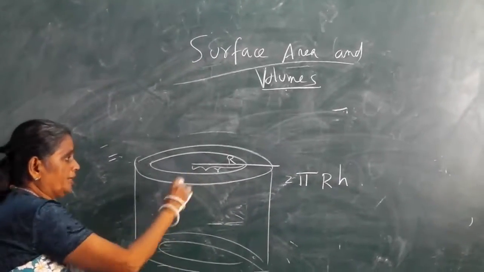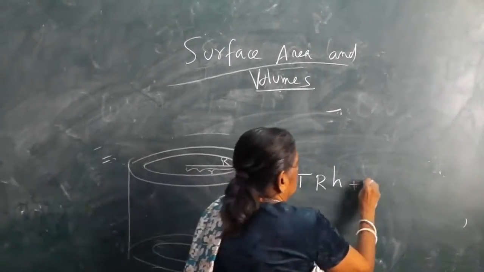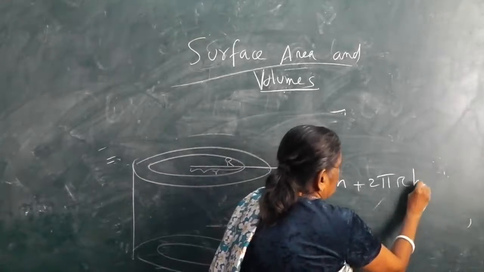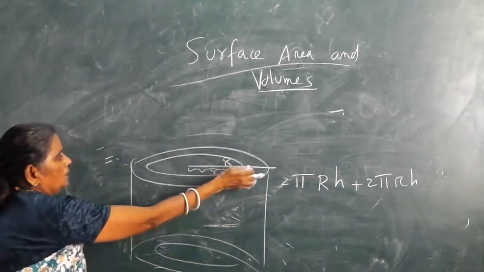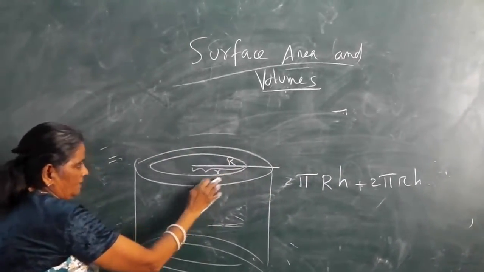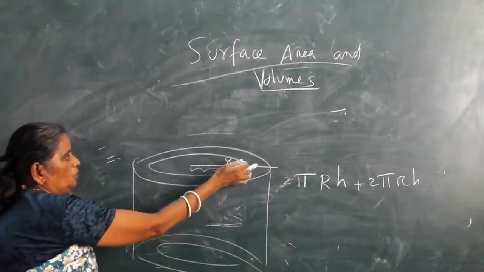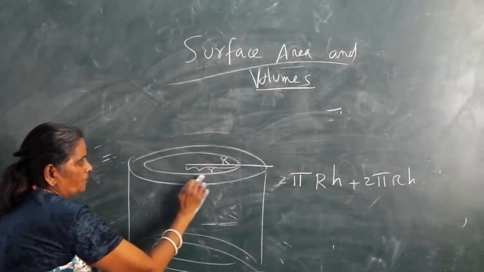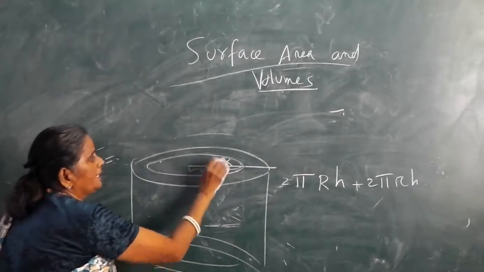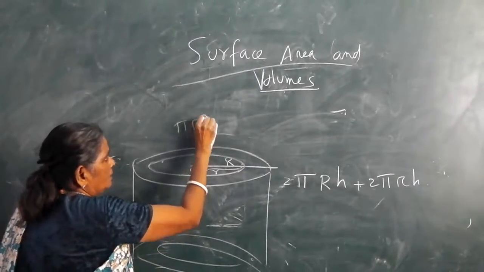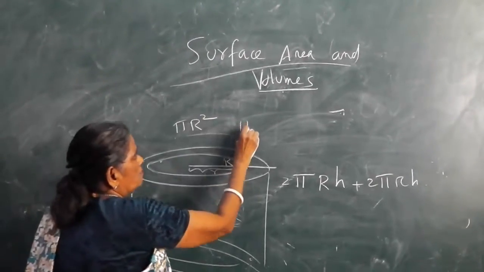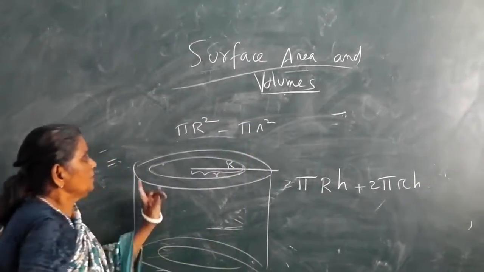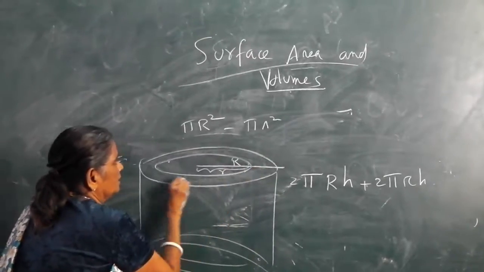You want to paint inside also: 2 pi small r h. Now, this is a ring, an annulus. So, outer surface minus inner surface. The outer area is pi R square, the inner surface is pi small r square. This difference will give you the area of this ring.